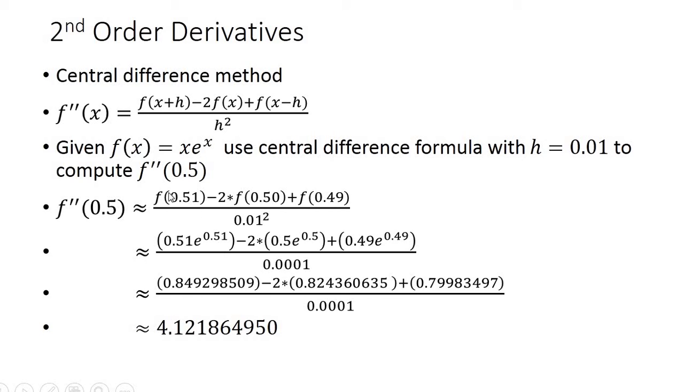If you are going to compute this, f of 0.51 means you substitute 0.51 where there is x, you get this, and then f of 0.5 gives this, then f of 0.49 equals this. Taking these values and multiplying by the constant and dividing by h squared, you should get the approximate value to be 4.121864950. So thank you.